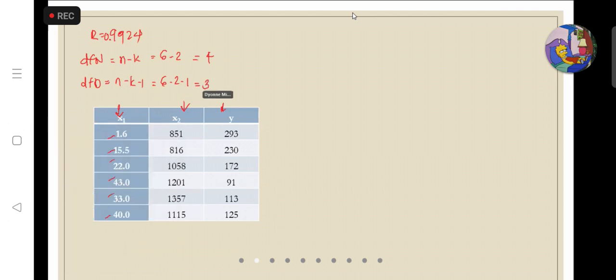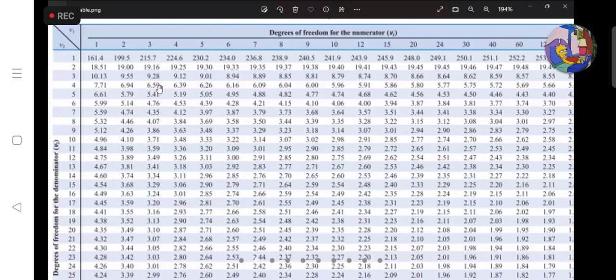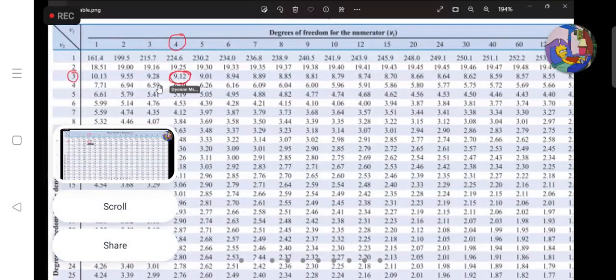So going back to our F table, our degree of freedom for the numerator is 4. Our degree of freedom for the denominator is 3. Therefore, our critical value for this problem is 9.12.